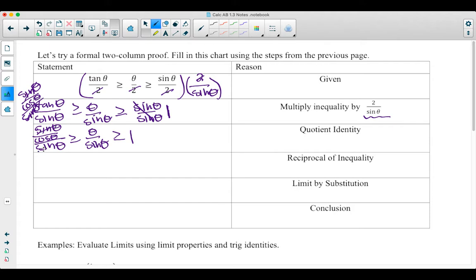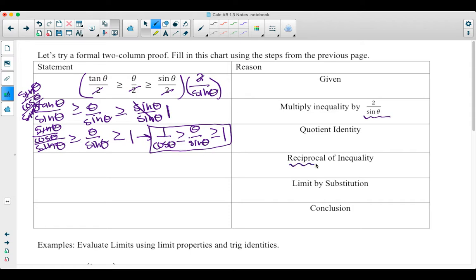So then by that, we are left with 1 over cosine theta is greater than or equal to theta over sine theta, excuse me, which is greater than or equal to 1. So this is our quotient identity simplification.